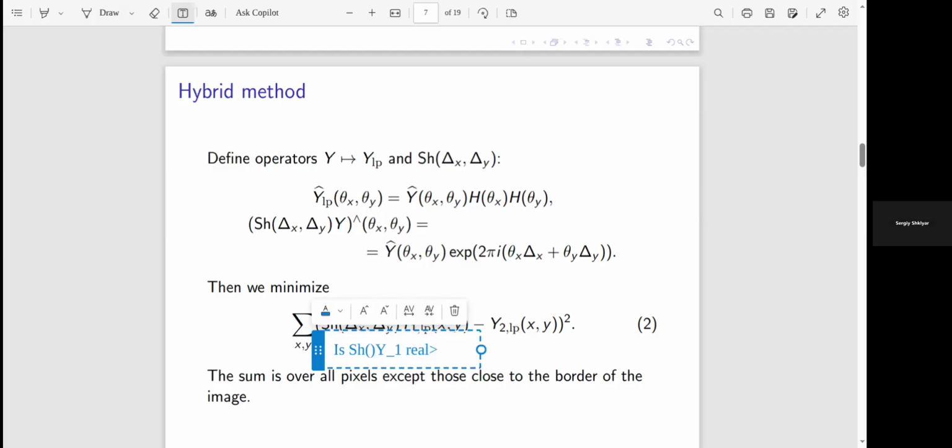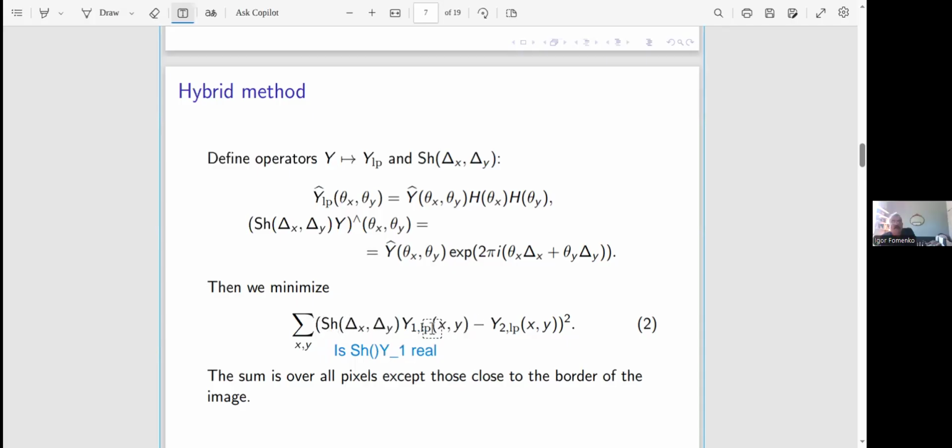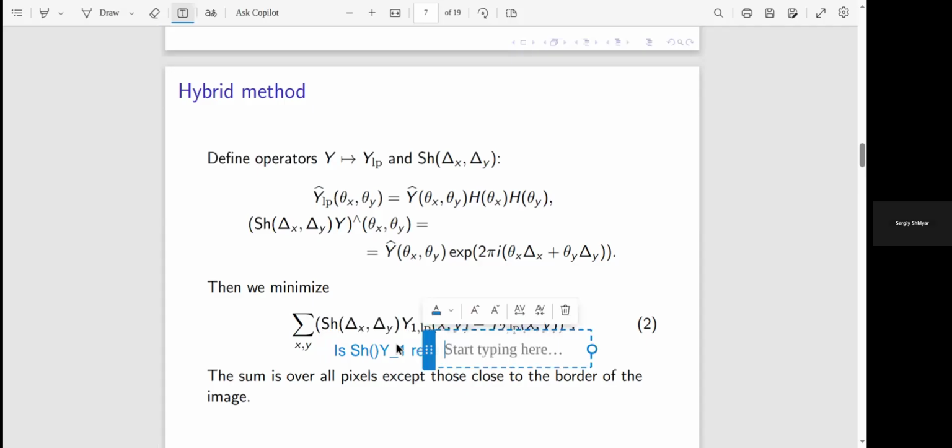Yes, I will check whether this term is real. Y hat is real, right? Square of the absolute value.